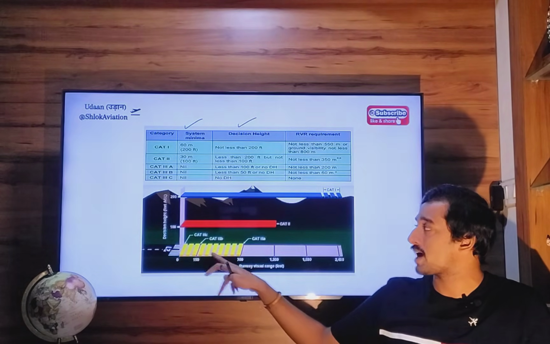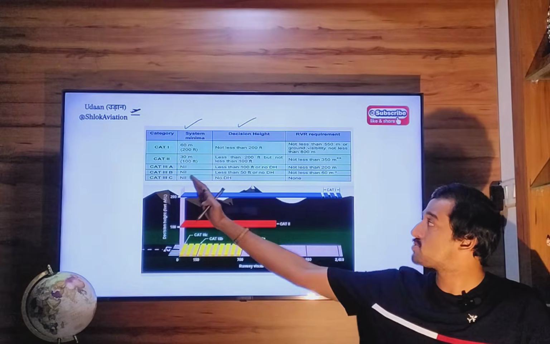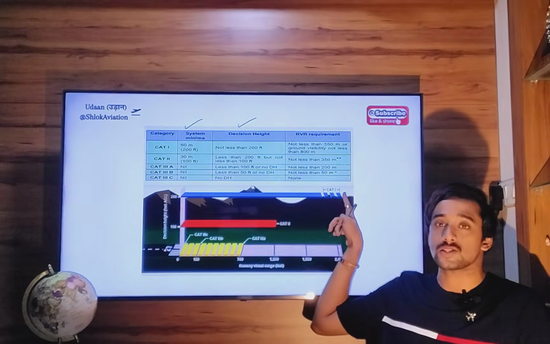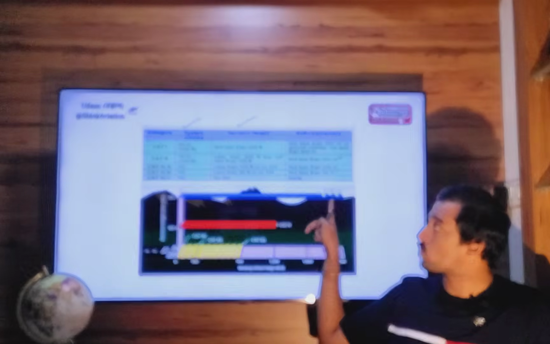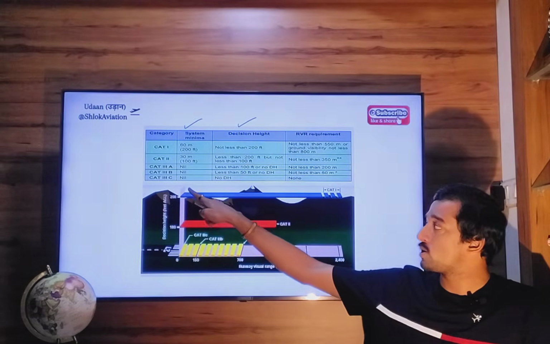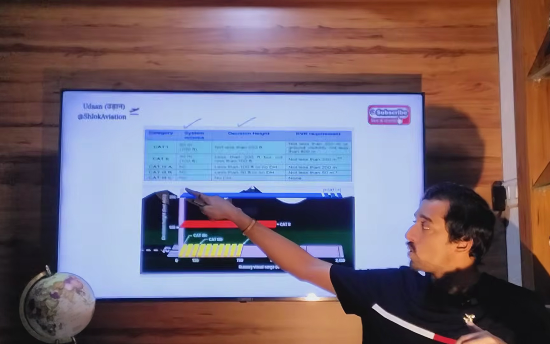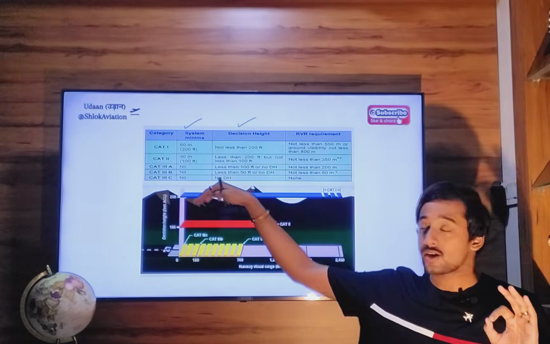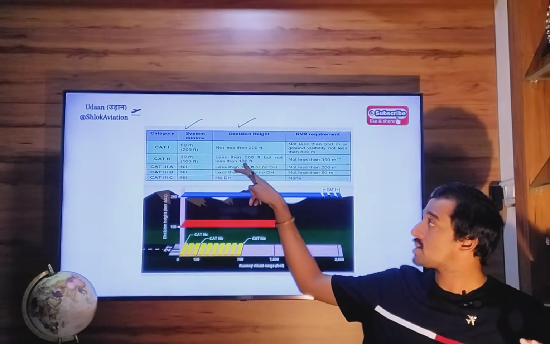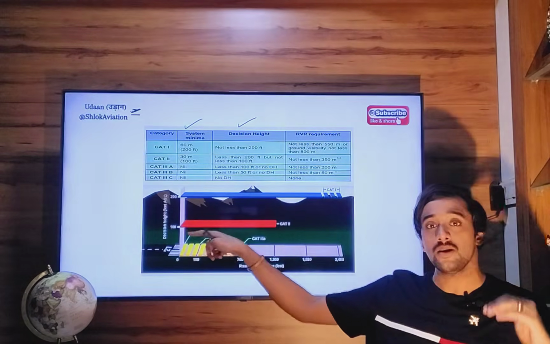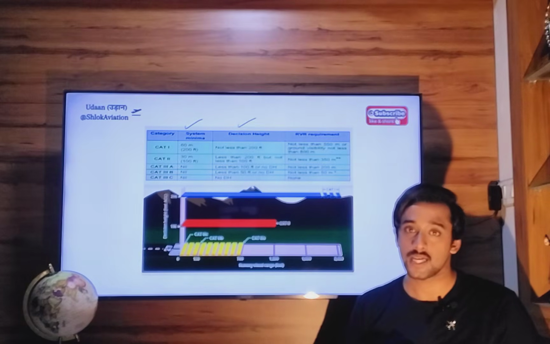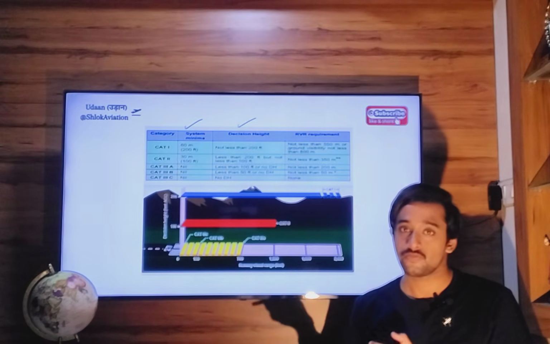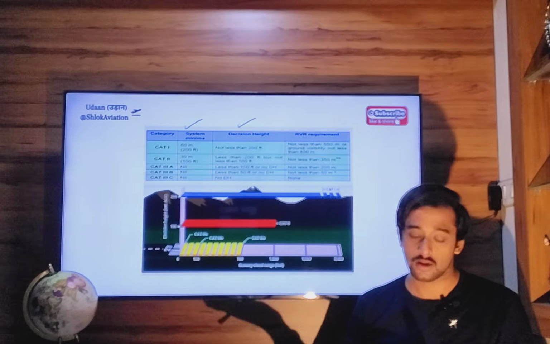For Cat 1 you must be able to see 200 feet away. Decision height 200 feet, so you will get vertical guidance only up to 200 feet. For Cat 2, you will get guidance up to 100 feet, so you will come much closer to the ground if you are qualified for a Cat 2 approach.